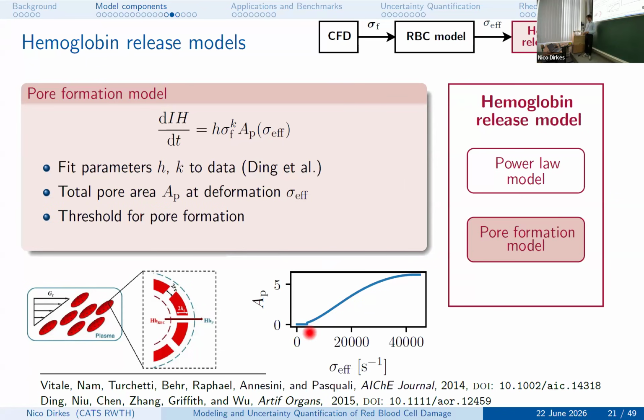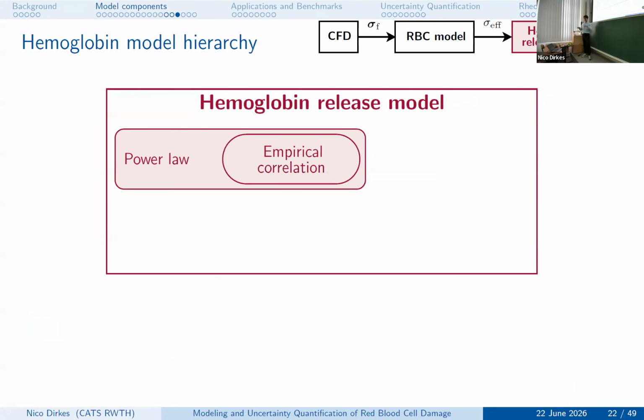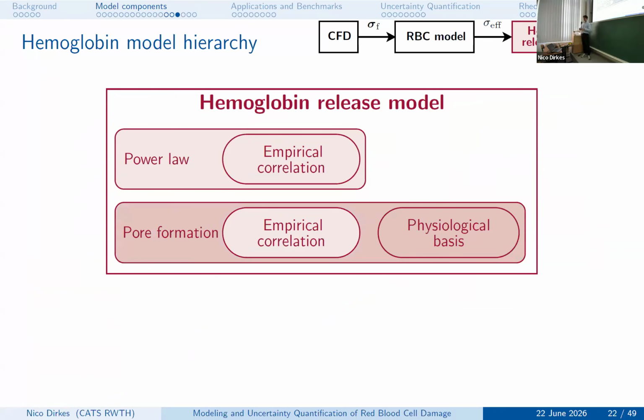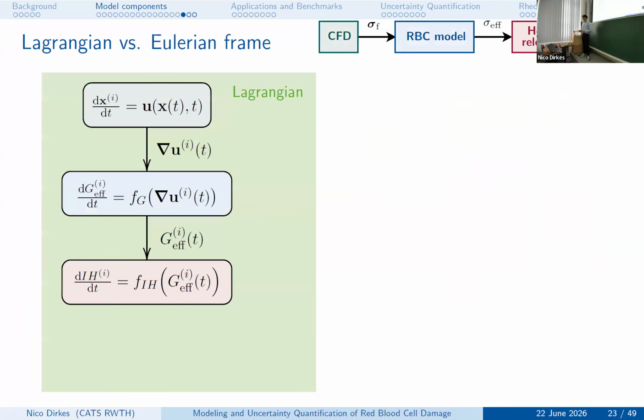So you can see here before this deformation, there are no pores at all, and then it starts. So you can integrate more microscale effects into this model. And this is also valid for non-constant stresses. So the hierarchy here is the power law is really purely empirical. And then there's this pore formation model, which has some physiological basis or some microscopic considerations.